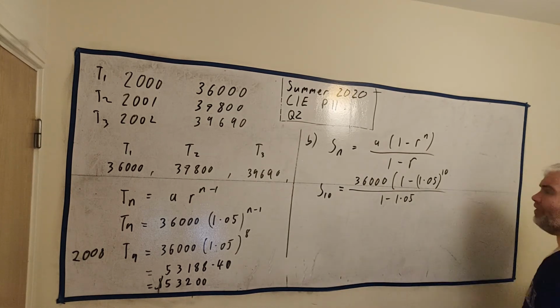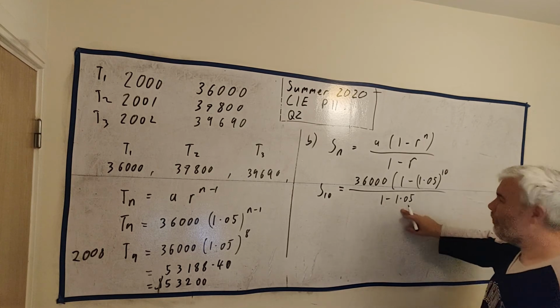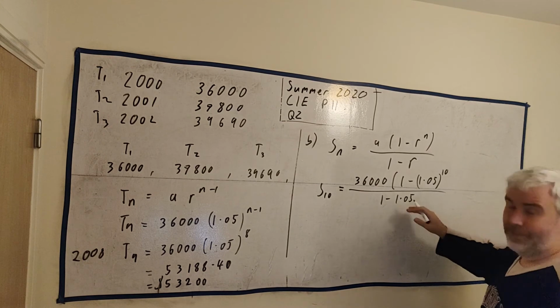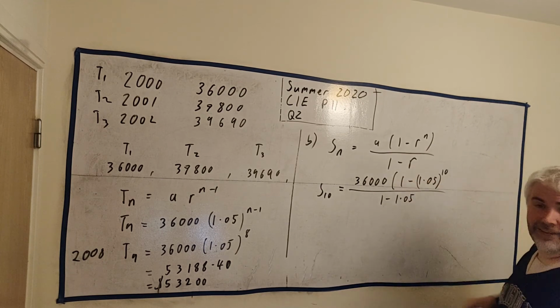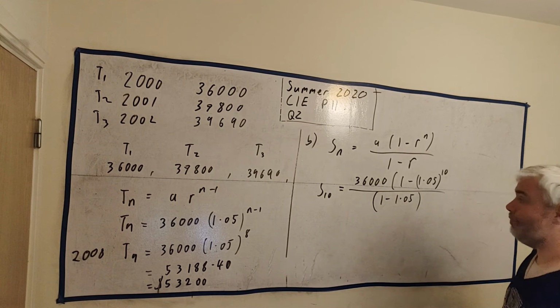This will all go into the calculator right now. You could clean it up, I guess. The bottom row would turn into minus 0.05. But really, I like to do it right now in a calculator. I just put in brackets everywhere. I'm very careful. When I divide a bottom row, I put it in another set of brackets.